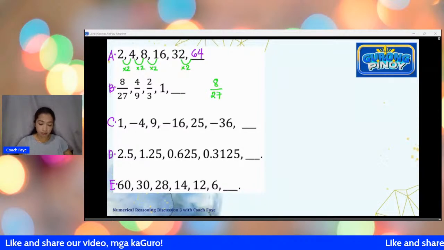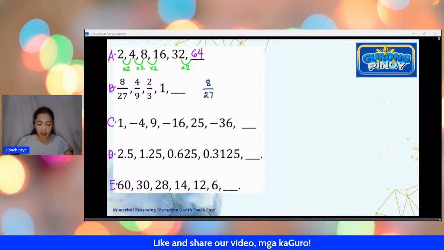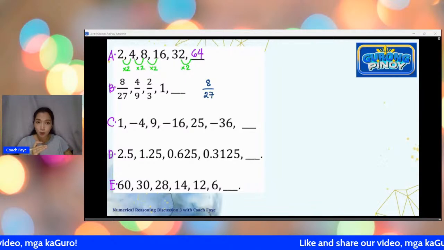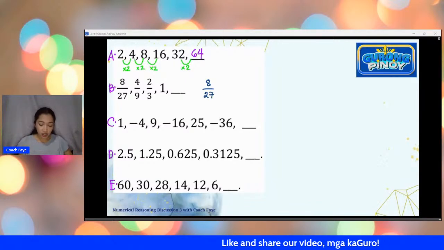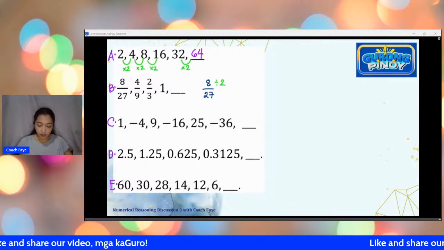That's where you started. Pa-change ng kulay. Sandali. So, you started with 8 over 27. Tapos, nagiging 4 over 9. So, 8 over 27, yung 8, yung numerator, paano ba siya magiging 4? So, this is divided by 2. Numerator po muna tayo. It becomes 4.